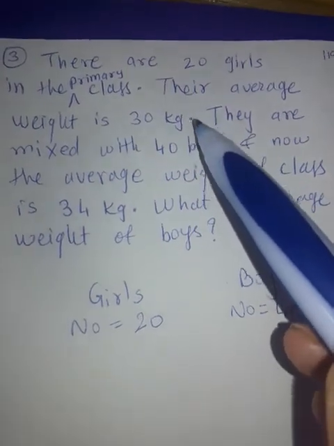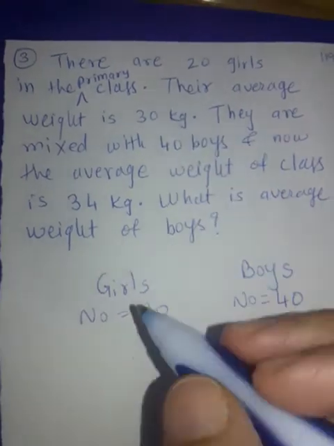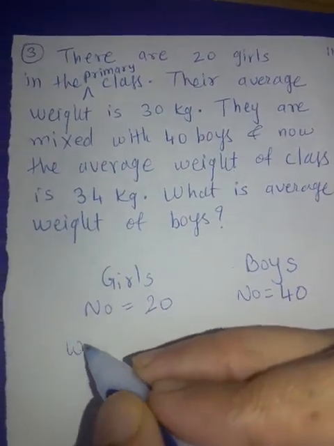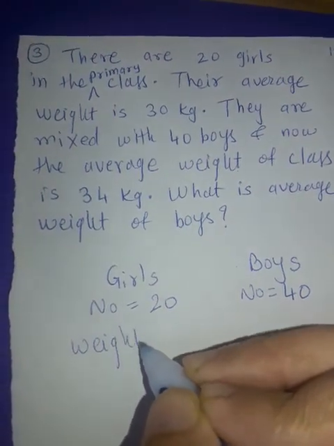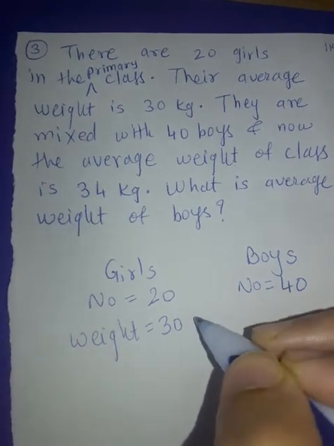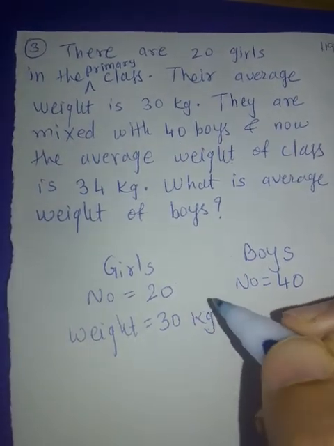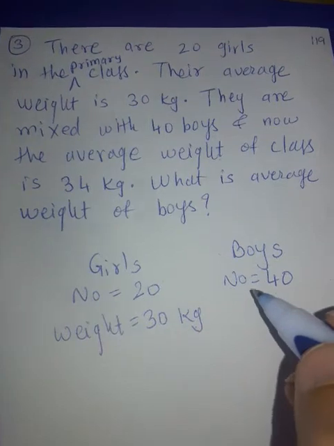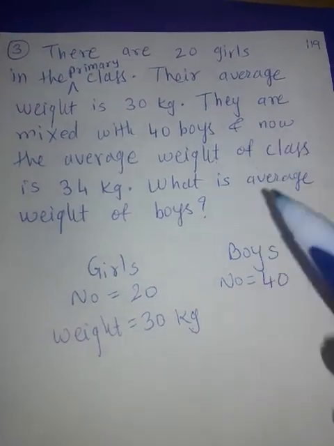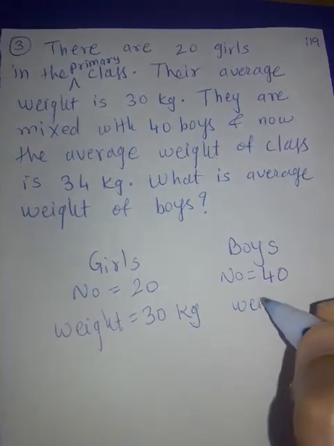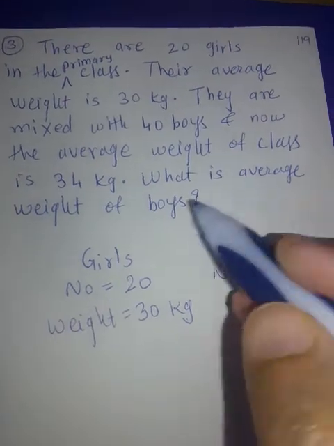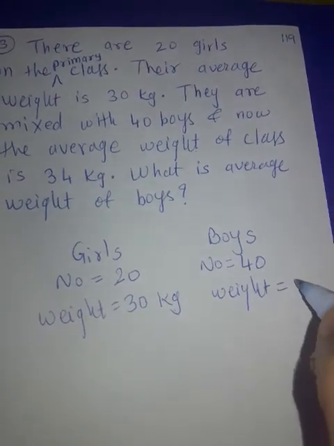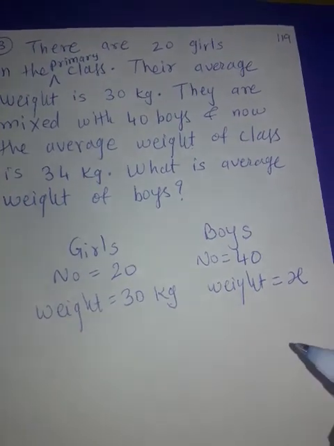What else is given? The average weight of a girl is 30 kg. So the weight is 30 kg per girl. Boys, what is the weight? What is the average weight of boys? That is asked. So I am going to write X here.